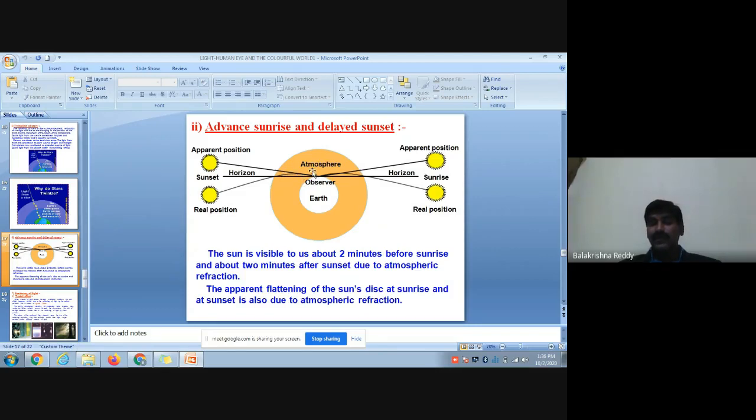So the observer will notice the sun position here along the bending light direction. So this happens in the case of refraction of light in the atmosphere while the sun is rising and setting. There is some advance in time in the case of rising, and it is delayed in the case of sunset.